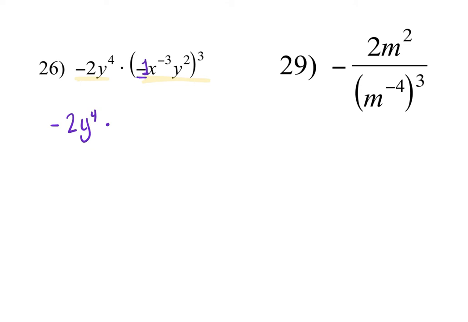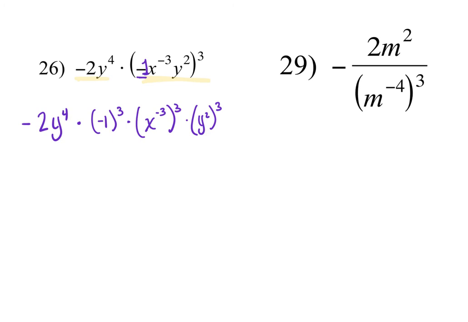So I have a negative 1 to the third power. I have an x to the negative 3 to the third power. And I have a y squared to the third power. All right. Again, I'm going to leave that negative 2y to the fourth alone for right now. I'm going to simplify these.